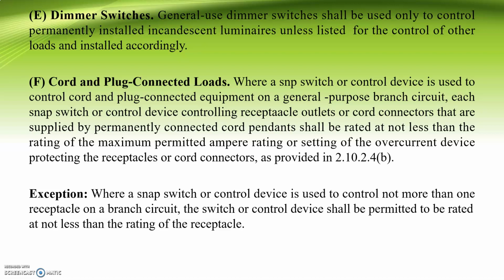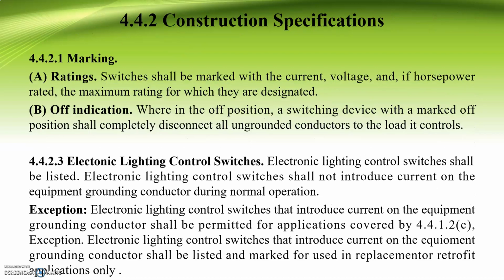Exception. So where a snap switch or control device is used to control not more than one receptacle on a branch circuit, the switch or control device shall be permitted to be rated at not less than the rating of the receptacle.